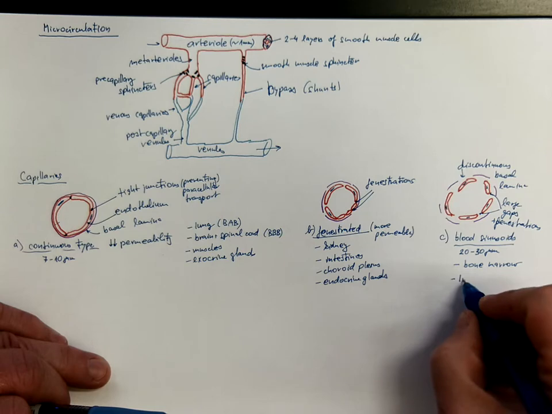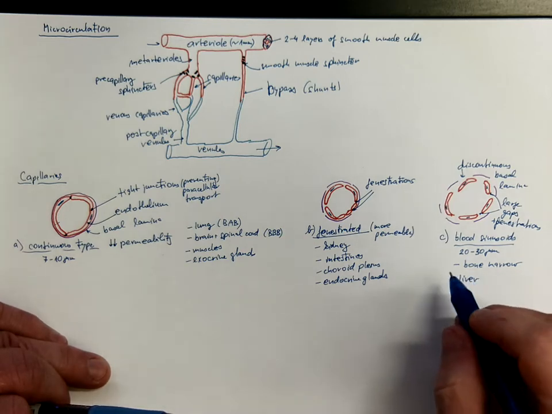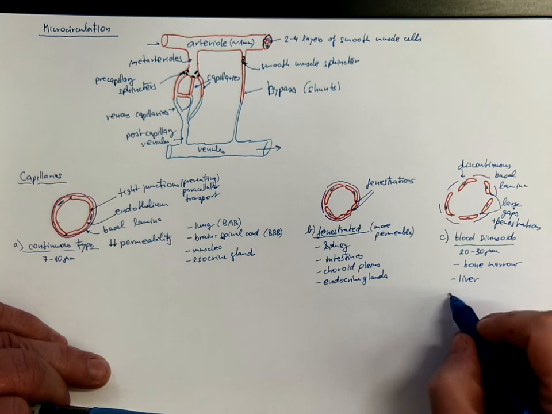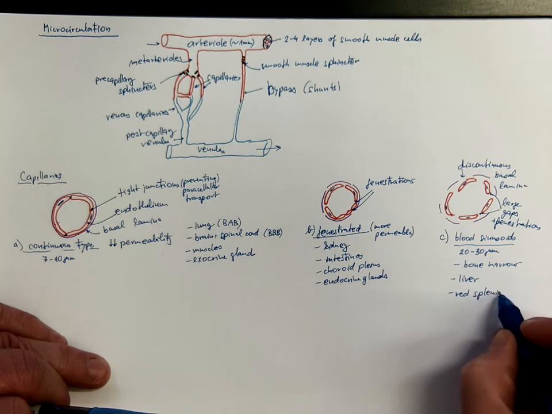They are in the liver, liver sinusoids among the hepatocytes, among the liver cells, and the blood sinusoids are also in the red splenic pulp.